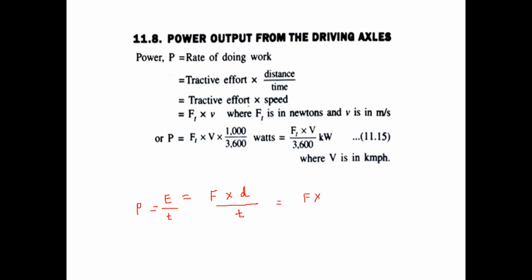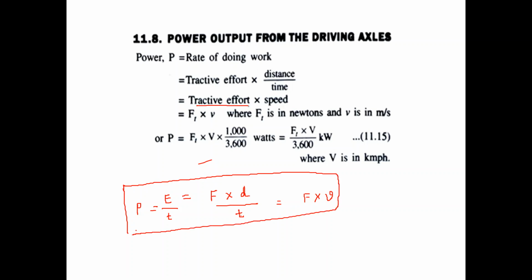So F into velocity will give you the power requirement. Here it is the same: the tractive effort we found in the previous equation, Ft, into the speed. Then we can find the power required for driving the train.